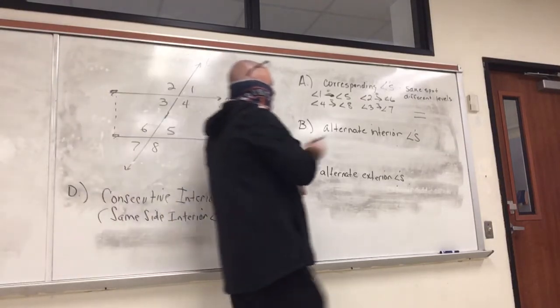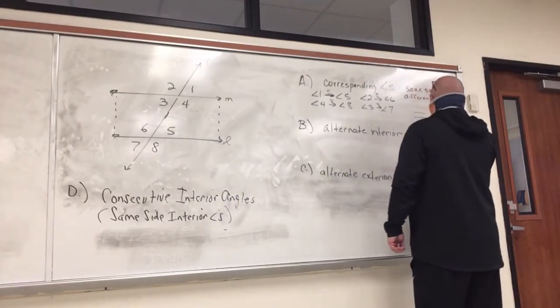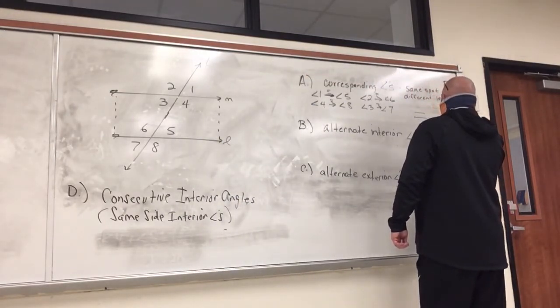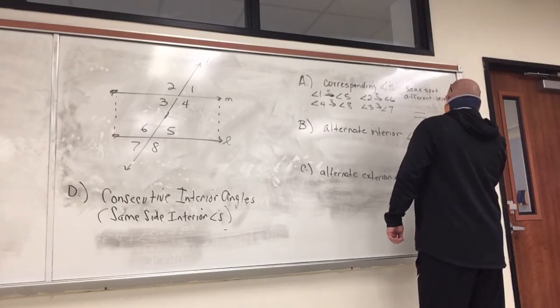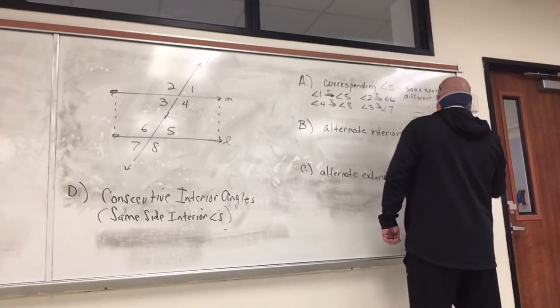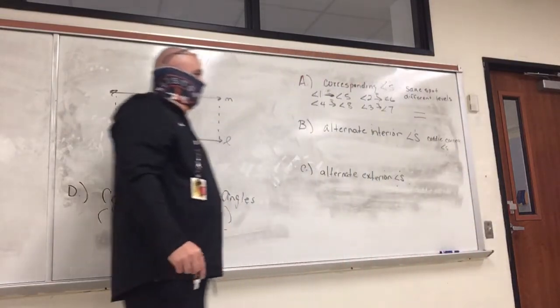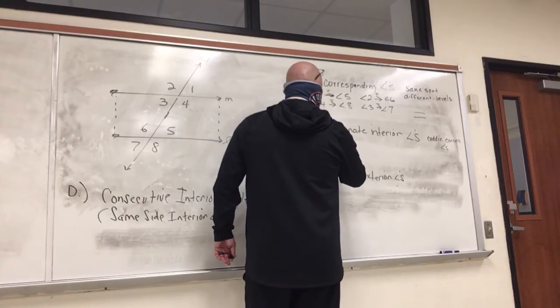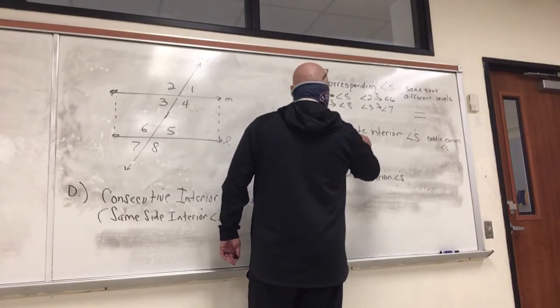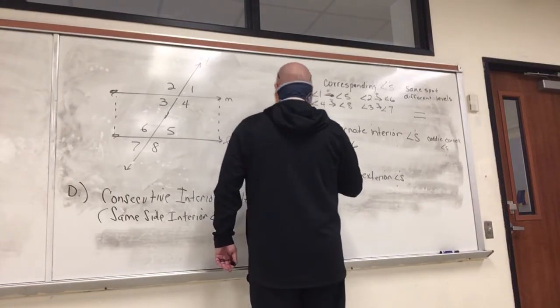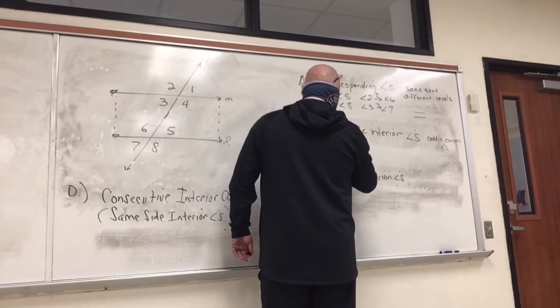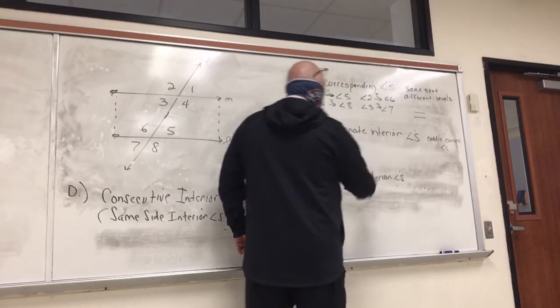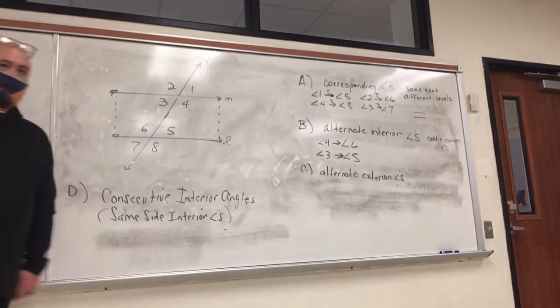So I'm going to write caddy corner angles. So angle 4 and angle 6 and angle 3 and angle 5. Those are your alternate interior angles.